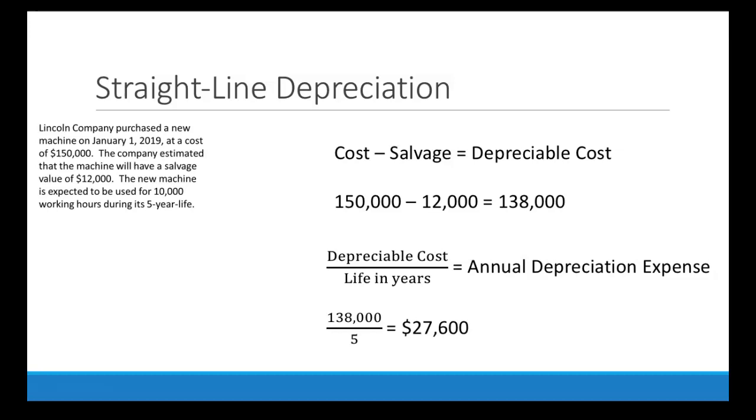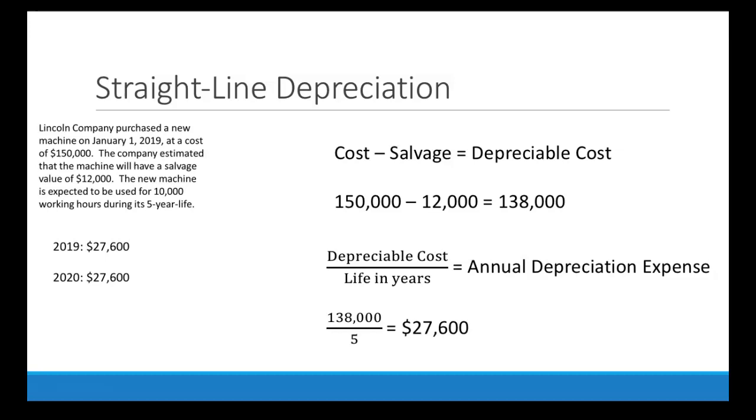So we would have had to take that annual depreciation expense that we just solved for and multiply it by 1/12. But here, we purchased it at the very beginning of the year. So 2019's depreciation is going to be our $27,600, and you can see that 2020 is exactly the same.